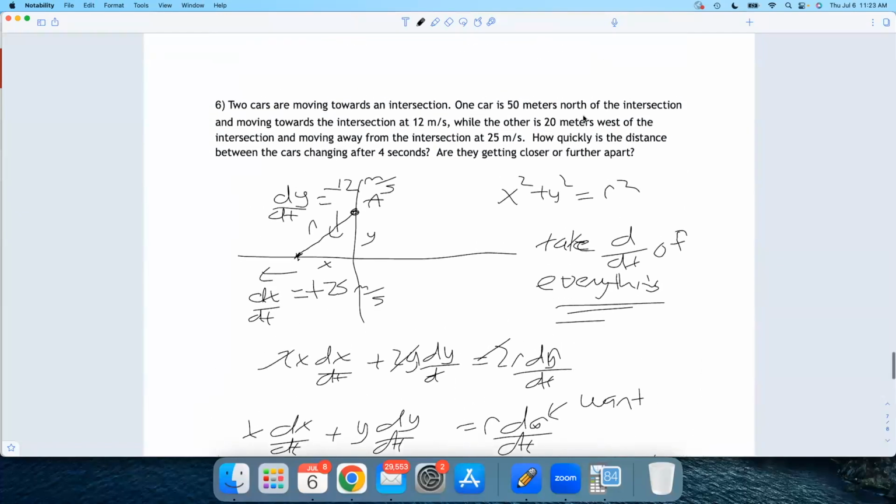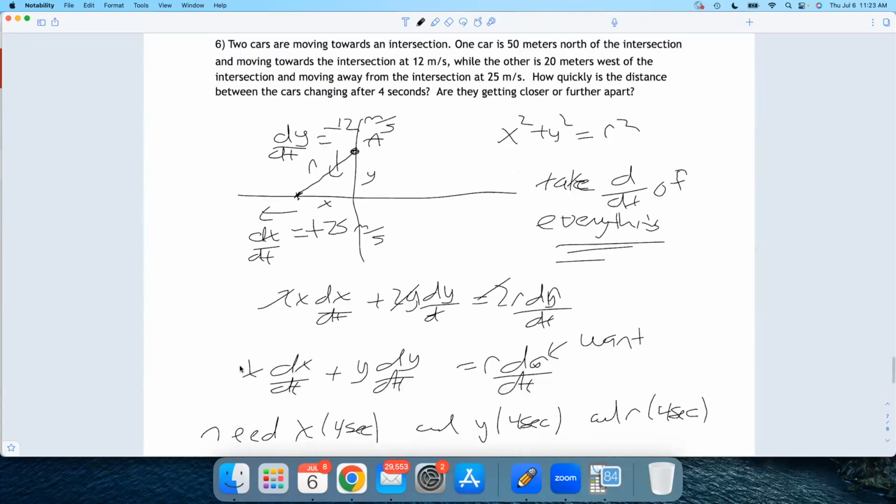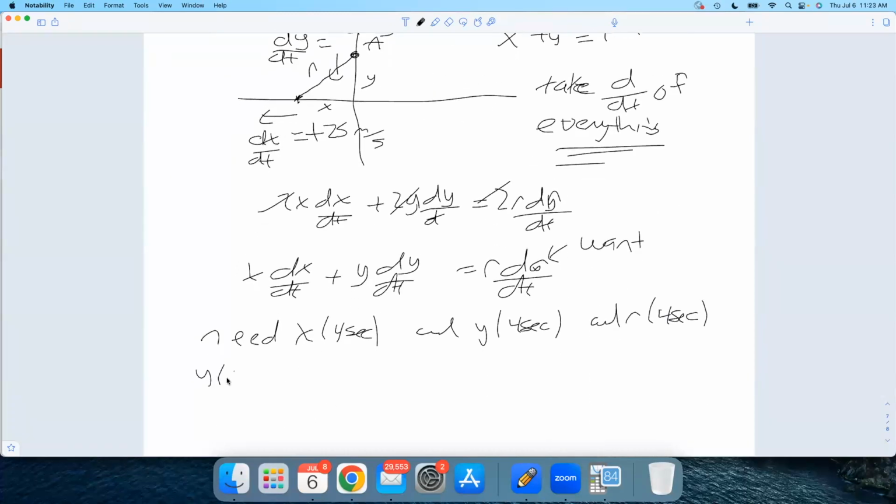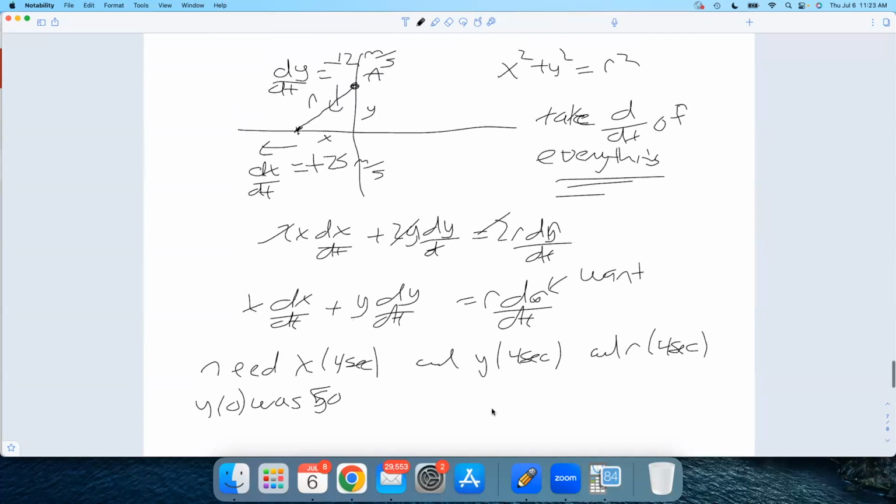So I started here at 50 meters north, y at 0 was 50. And it's decreasing by 12 meters per second. So y at 4 will be 50 minus 4 times 12, because it's going down by 12 meters per second.